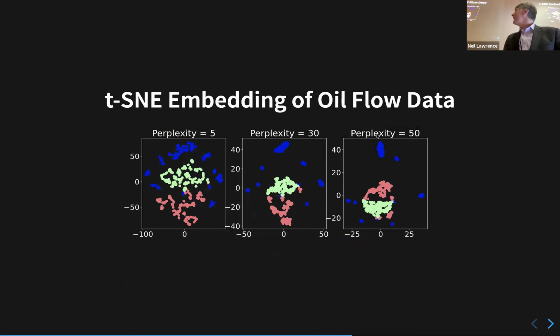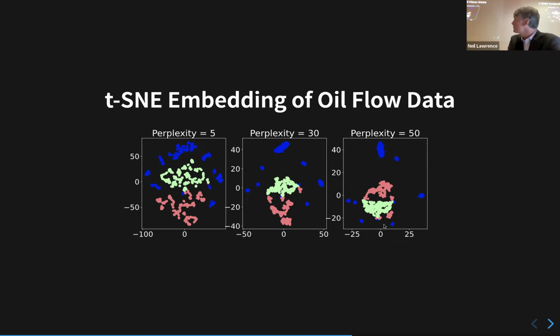And this perplexity here, to me, seems the most suitable, because you're seeing approximately three clusters from the red, a big cluster of the green, and then these were the ones on the outside.